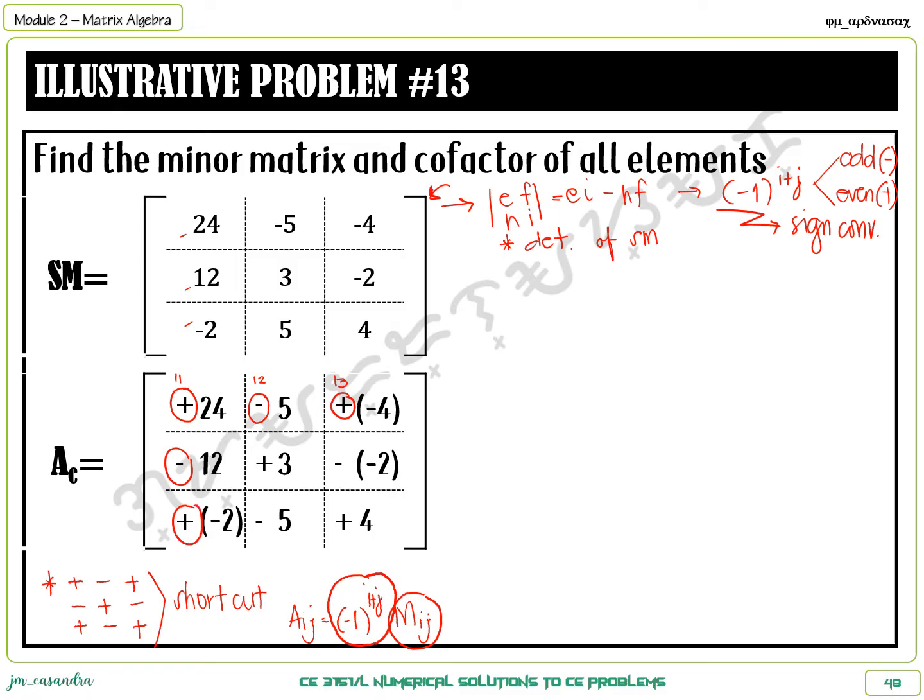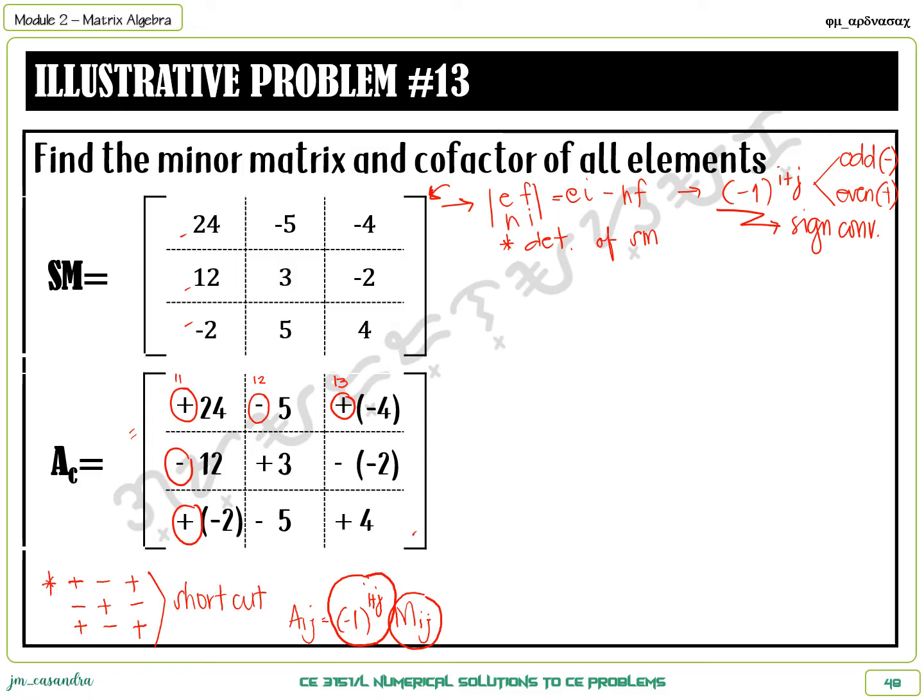So if you check, the values are the same as in our previous slide. Okay? So this is another way of writing your cofactor matrix, the equivalent values of the cofactors.